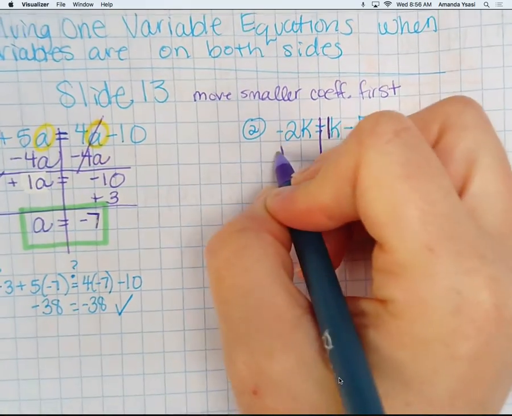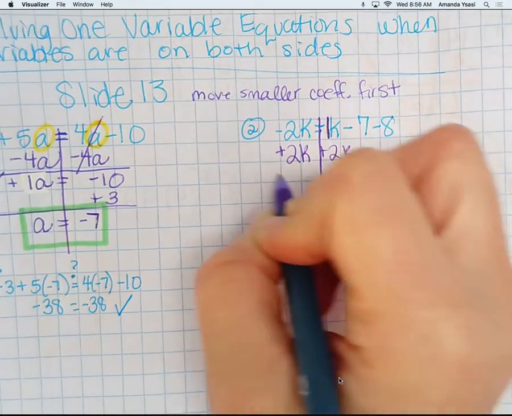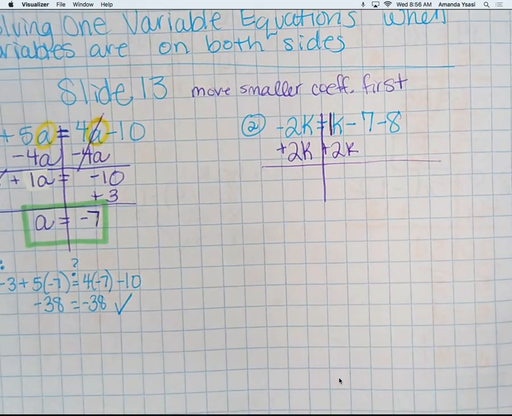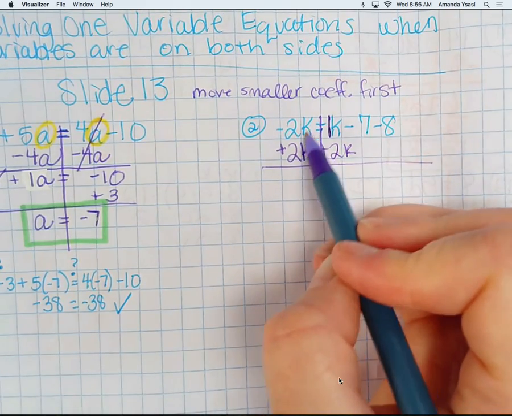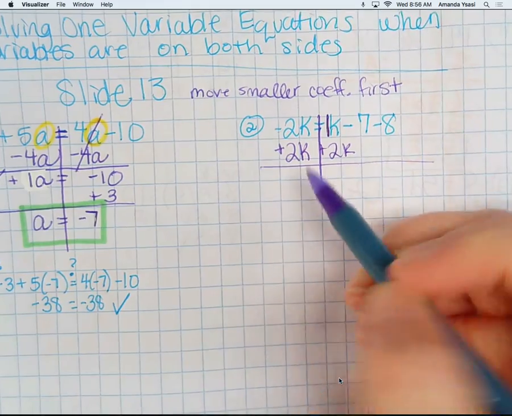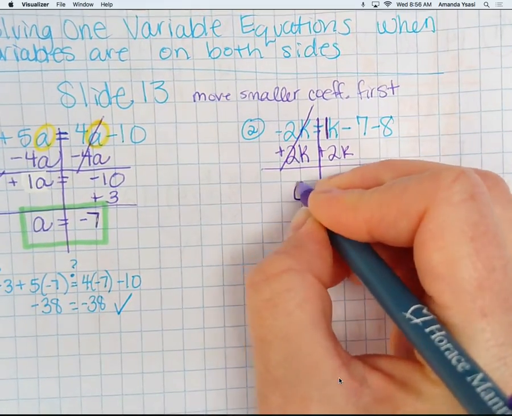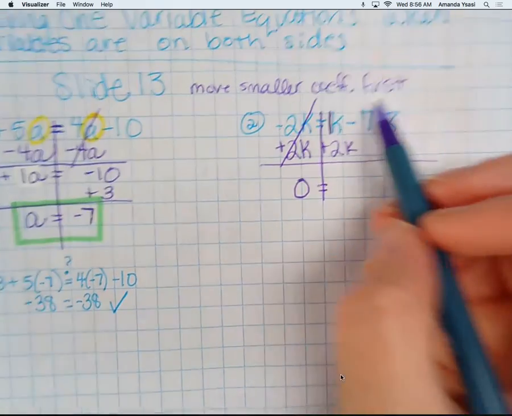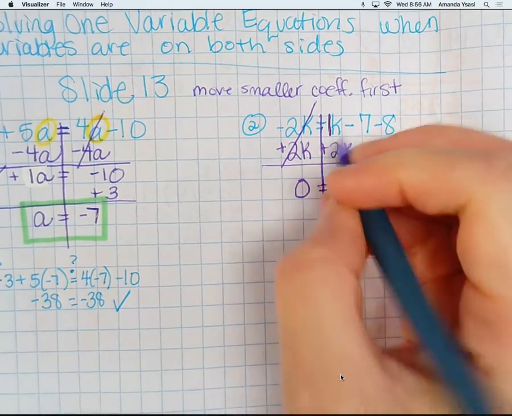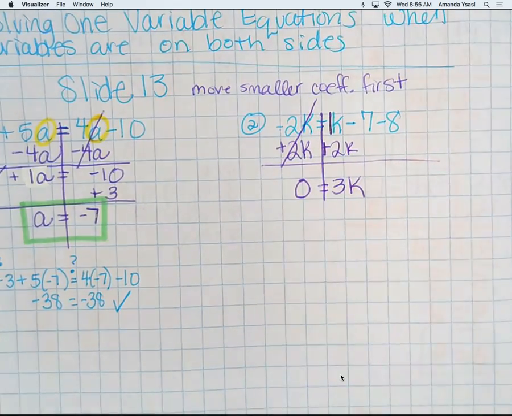So I'm going to do plus 2k to both sides. So when I do that, what happens to -2k and positive 2k? So it's 0 equals, I can put a 0 in there because that's what it is, 1k plus 2k. It's 3k.